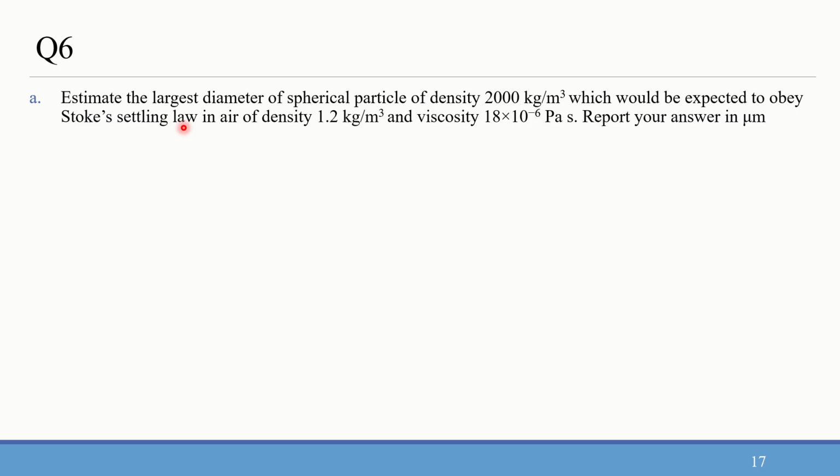So Vt dp is equal to 1 into mu by rho. We substitute Vt as a function of dp in the Stokes law and we can get the dp value, that is the maximum or the largest diameter of the sphere.